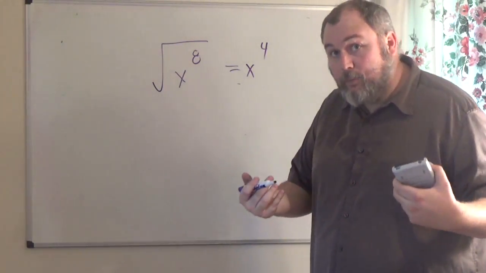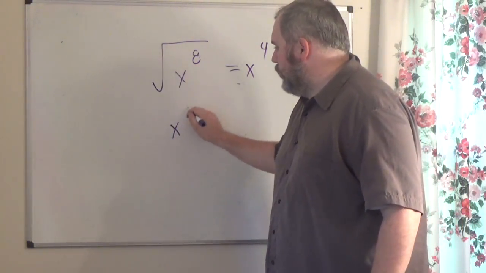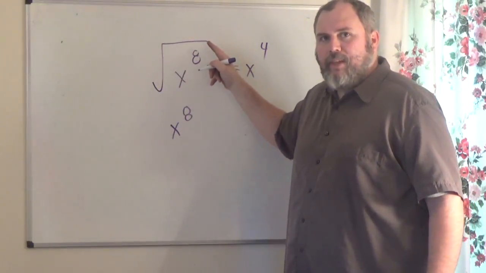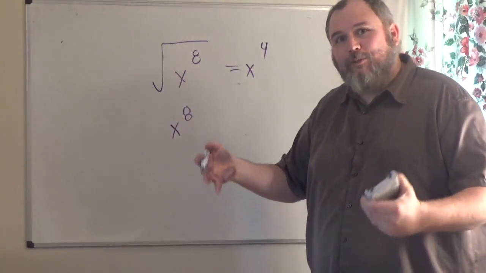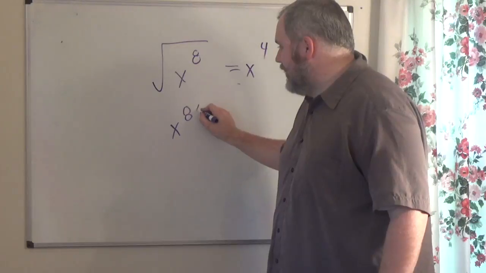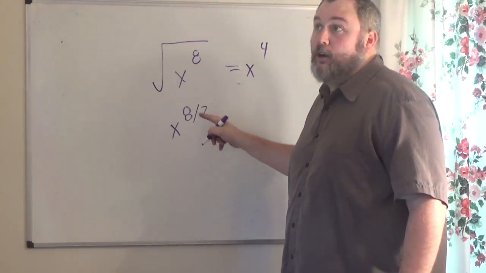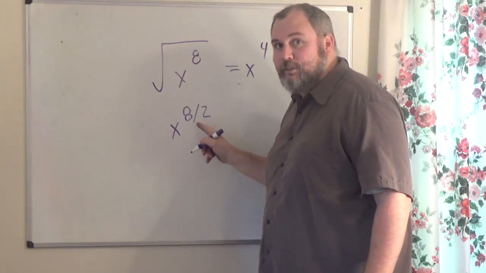That's how this works, but I like doing it a different way, and it may help you too. A while ago, I told you that when we are square rooting something, we're actually raising it to a fraction. So in this particular case, I'm saying x raised to the 8 halves.